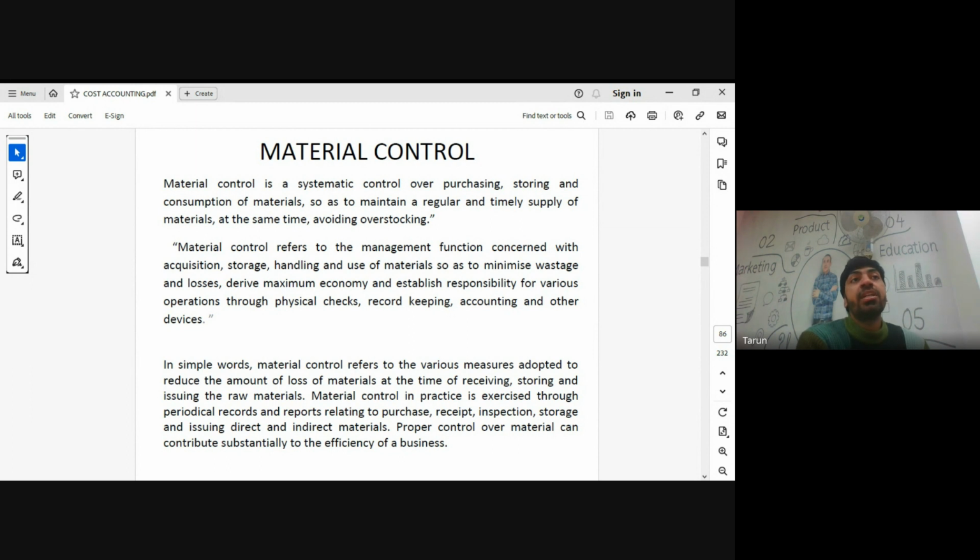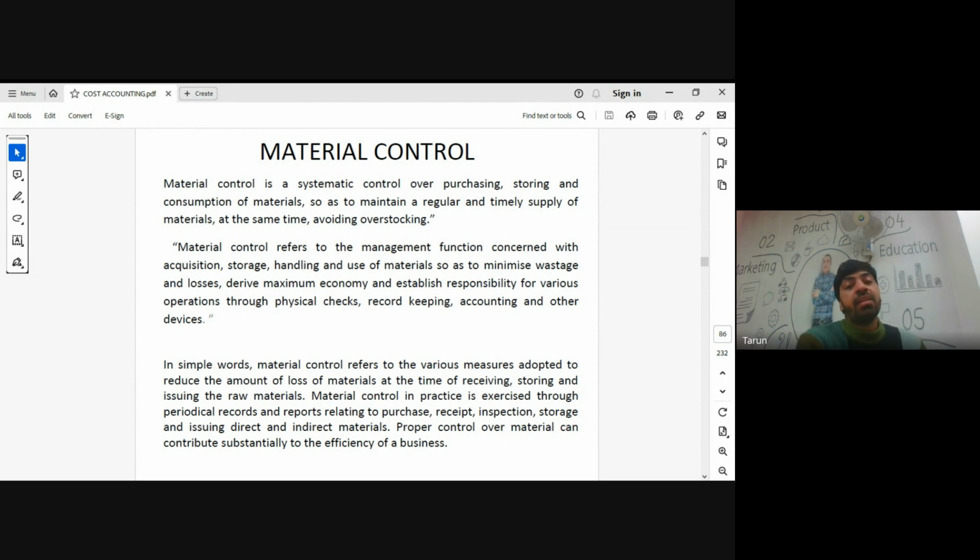How do you distinguish between cost and material control, what exactly are the methods of material control, and what are the inventory system methods that we use to control the materials?